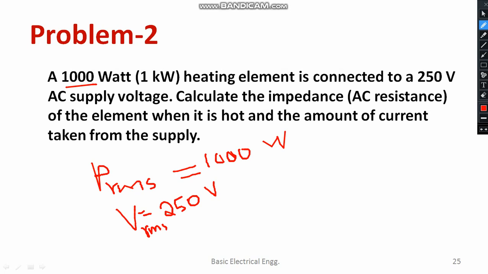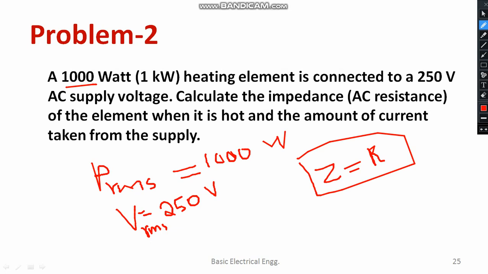Calculate the impedance and the amount of current taken from the supply. Impedance in a pure resistive circuit is nothing but the pure resistor, so R is the quantity to calculate.